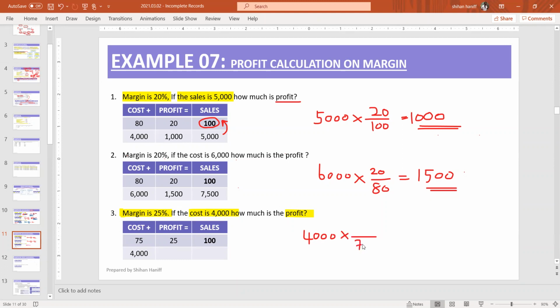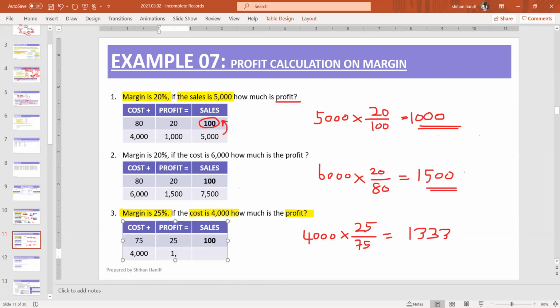Divide by 75, multiply by 25. 4,000 divided by 75. 1,333.3.